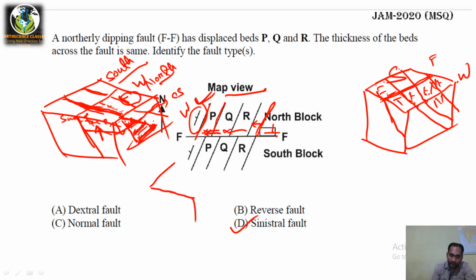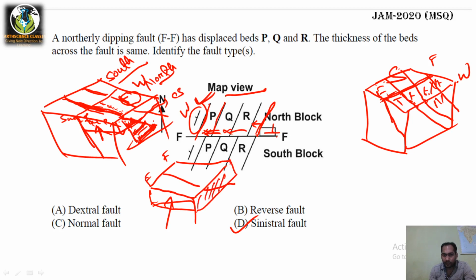I am telling it again here. So this is the fault plane, and it is the contact like this. This part moved off and this part got eroded.